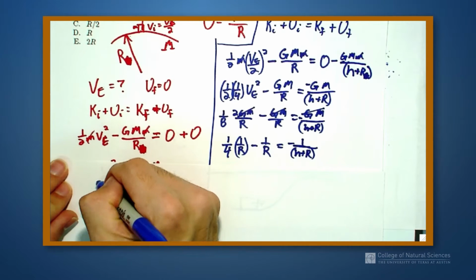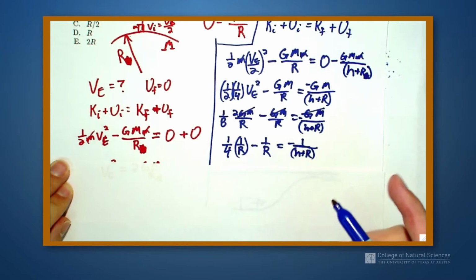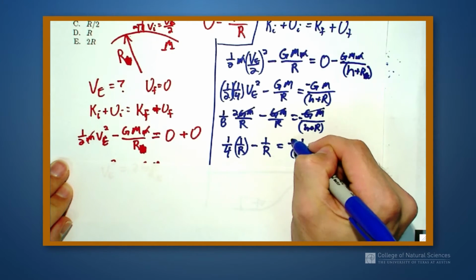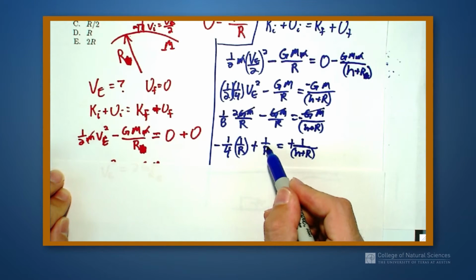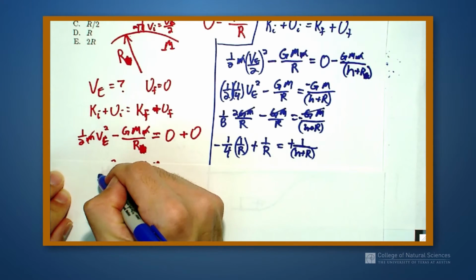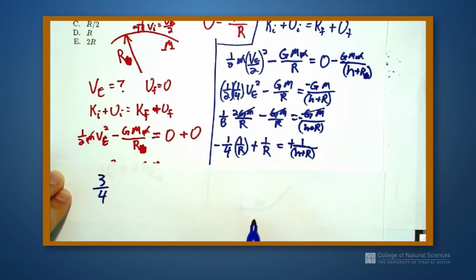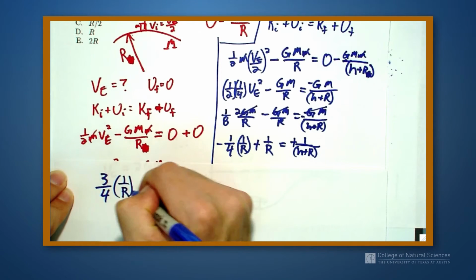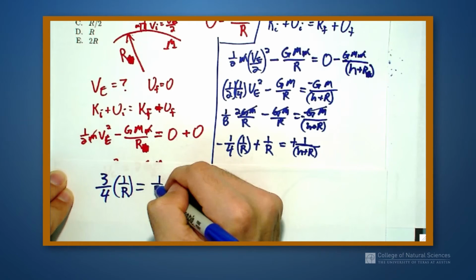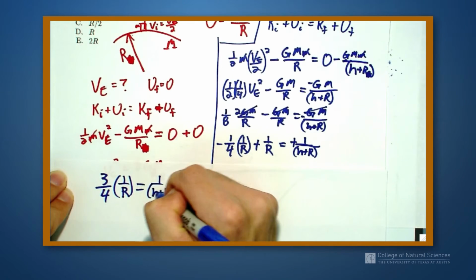I'm going to multiply through by minus 1 on all my terms, just so I have more positives. So I have one value of 1 over R and a quarter value, so that gives me 3/4 of 1 over R is equal to 1 over H plus R.